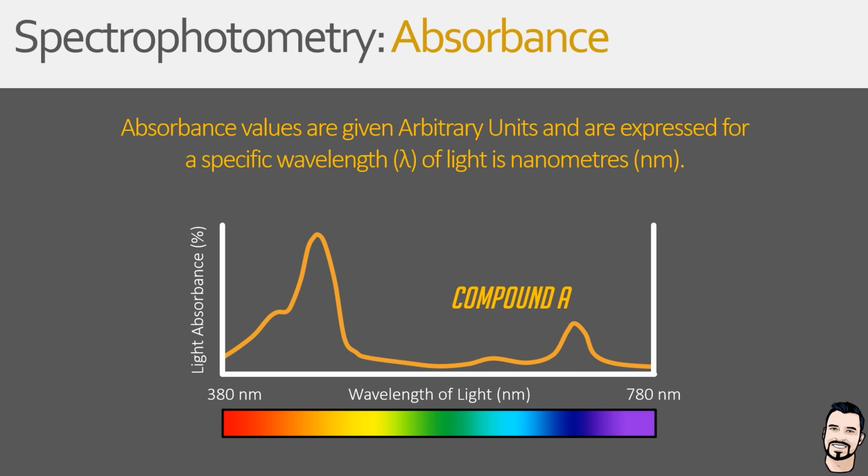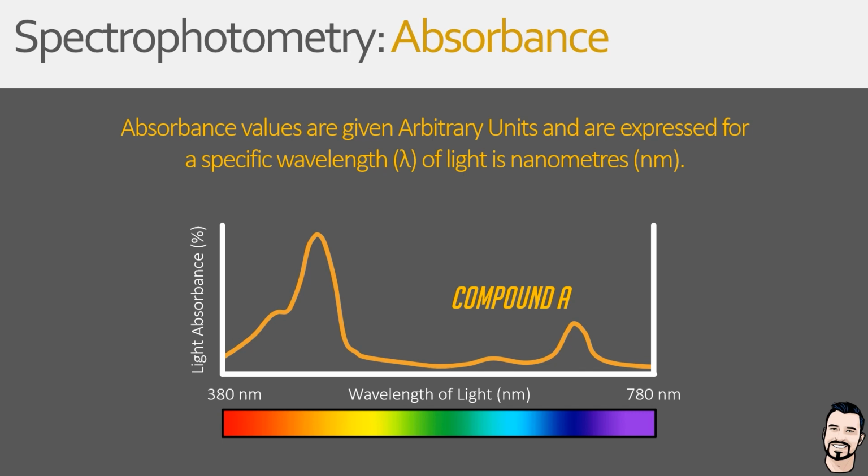So as an example, here we have an absorption spectrum for compound A, which is created by shining light of different wavelengths at compound A and seeing which wavelengths are absorbed and which are not. Now where we have a peak in our absorption graph, this indicates that this wavelength of light is being absorbed by our compound and doesn't reach our detector.